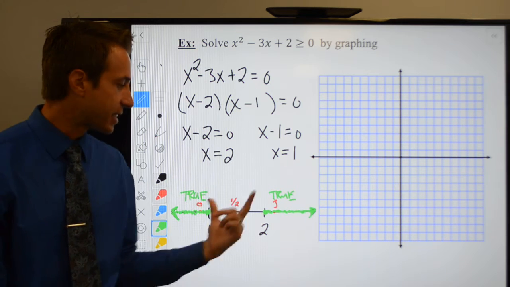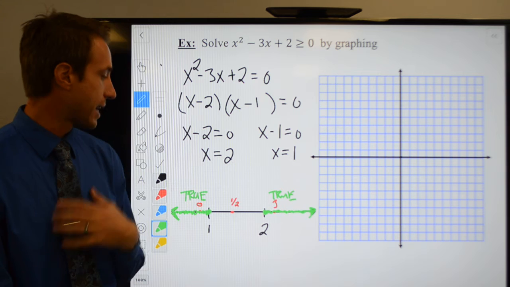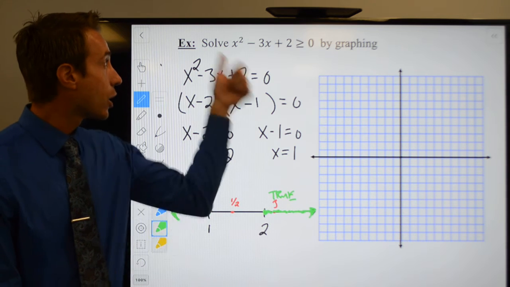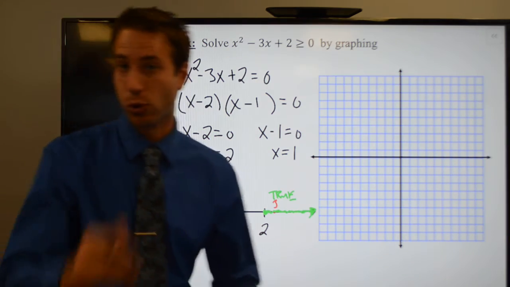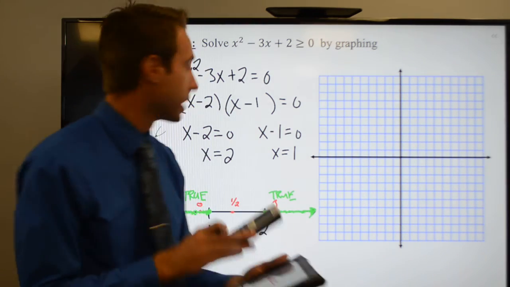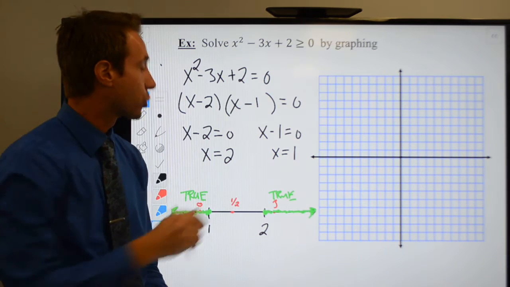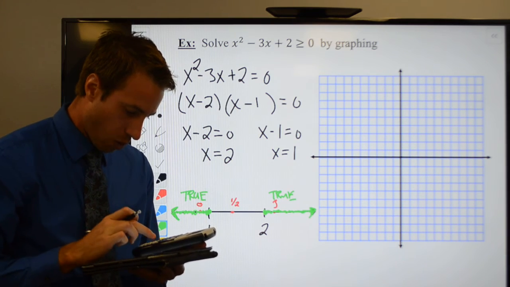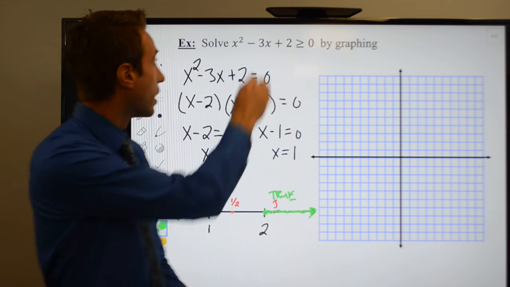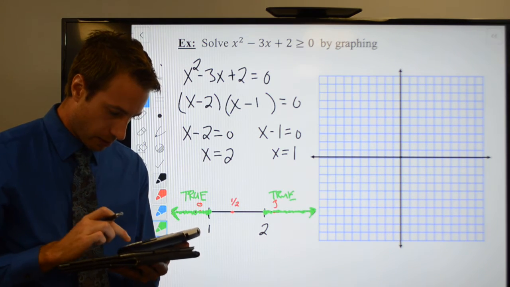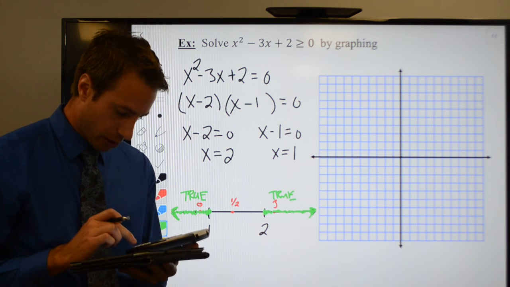Well, I don't even have to test the middle point. There's no way that it... Oh, hang on. Actually, let's find out. Maybe. I could be wrong. We go ahead and plug a 1/2 in there. Let me grab my calculator real quick and just check this out. So 1/2 squared would be 1/4. So I'm going to have 1/4 minus 3/2 plus 2.